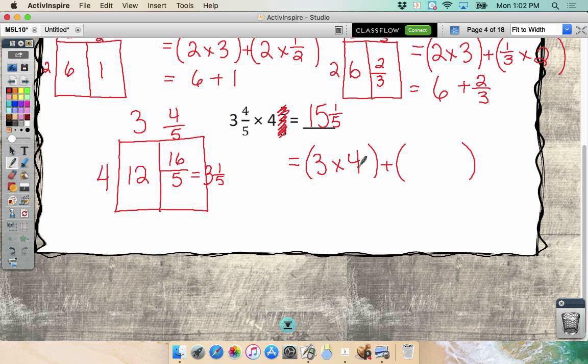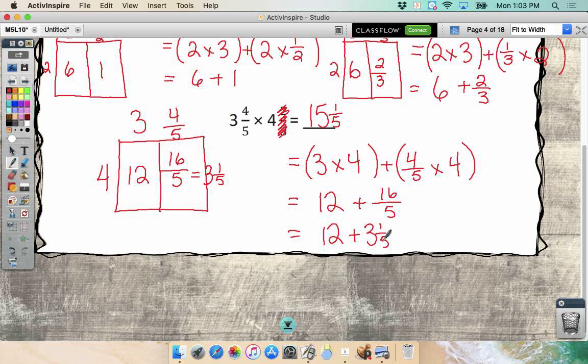And my second one is 4/5 times 4. So what's 4/5 times 4? 16. Okay, so I've got 12 plus 16 fifths, and we said that was 15 and 1/5, and 1... 3 1/5.